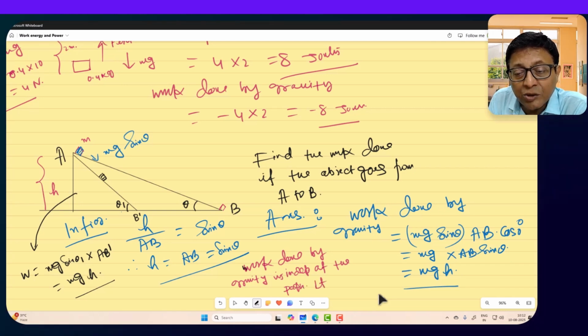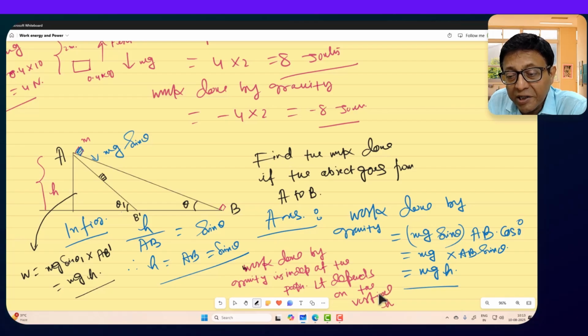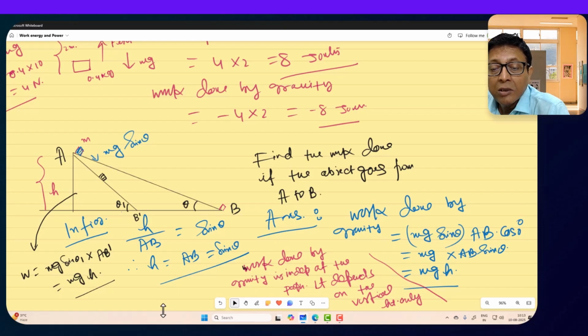It depends on the vertical height only. It's a very important concept, should remember. So work done by gravity is independent of the path. It depends on the vertical height only.